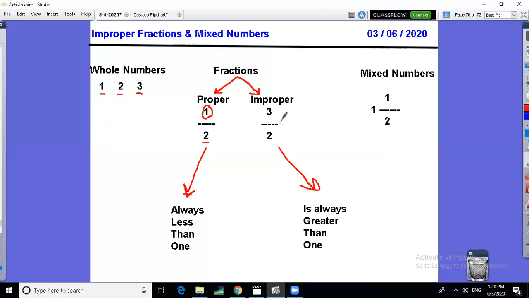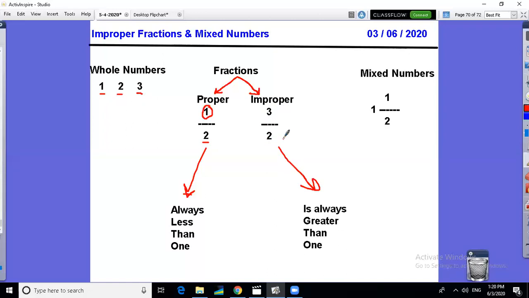But then he still felt that he was still hungry. So he finished one of the other two halves of Jenna's. So Jenna had two halves. Saif finished one of those two halves. So now Saif ate three halves. And how do we say this? In mathematics, we write it this way, 3/2.